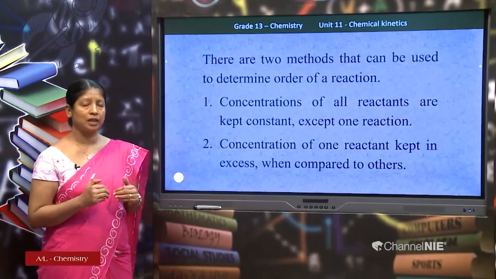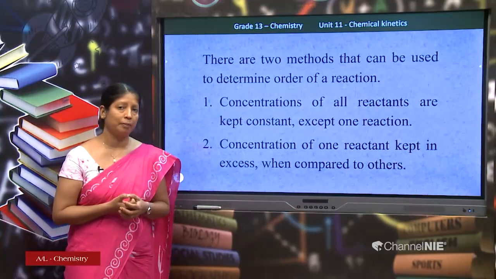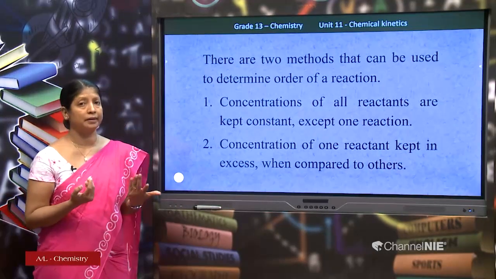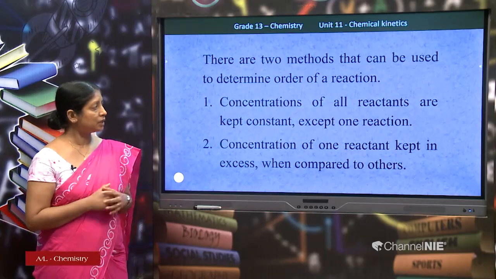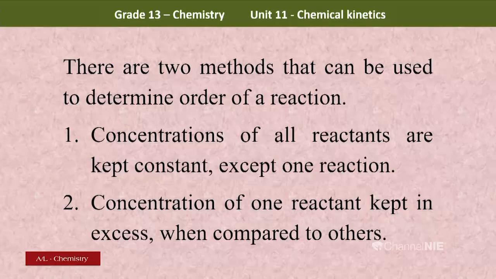The first method is, actually both methods are applicable when you have more than one reactant. We keep the concentration of all the reactants at a constant value except one reactant. Then the order with respect to that reactant, the one which is variable, can be calculated.